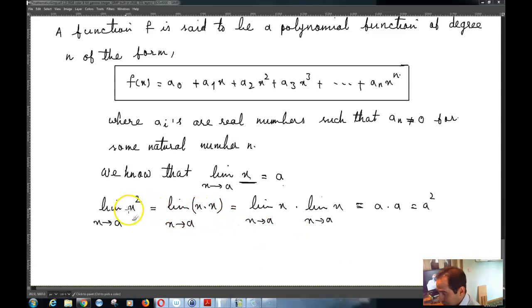I have, for example, the limit of x as x tends to a is equal to a. The limit of x squared as x tends to a is equal to a squared.